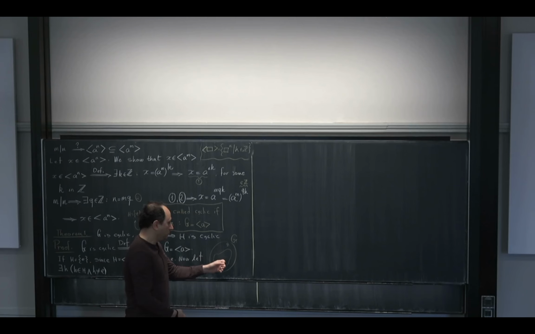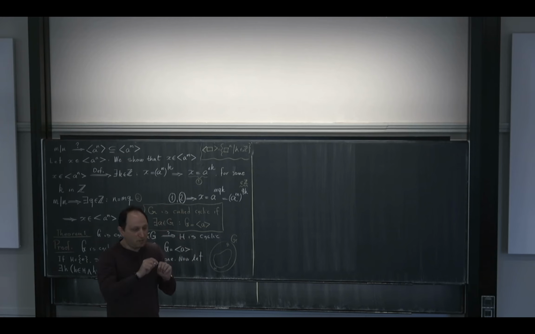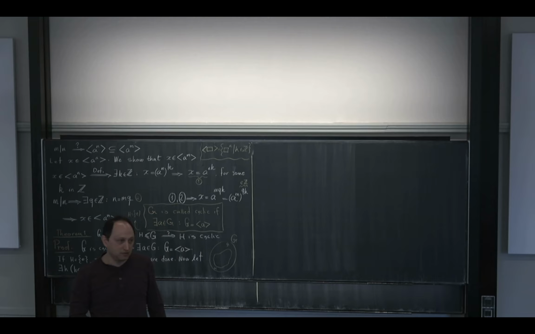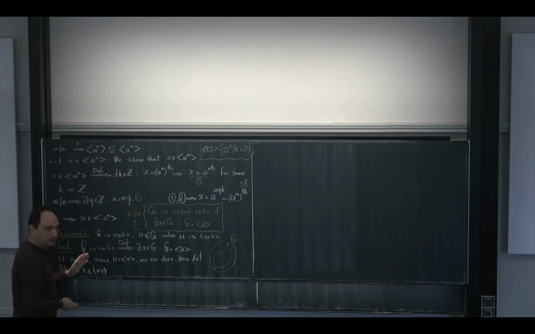But it might not be in H. So you start increasing this power, somehow it will jump into H the first time. My goal is to show you that the first time that a to some power enters H, that will play the role of the generator of H. Okay? I'm not saying it's obvious, but this is my strategy. I want you to have the line of thought. Okay, is that clear? Okay.